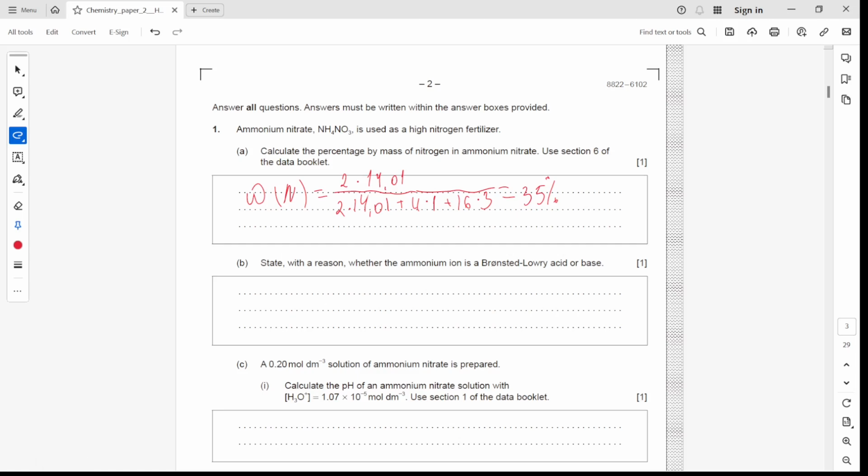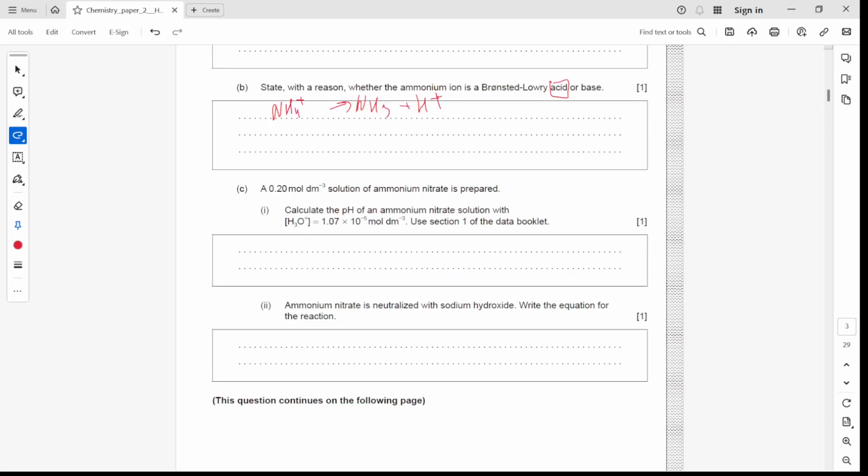Next question. Is the ammonium ion a Bronsted-Lowry acid or base? As we can see, it can only donate a proton like this, so it should be an acid. So we need to calculate the pH.